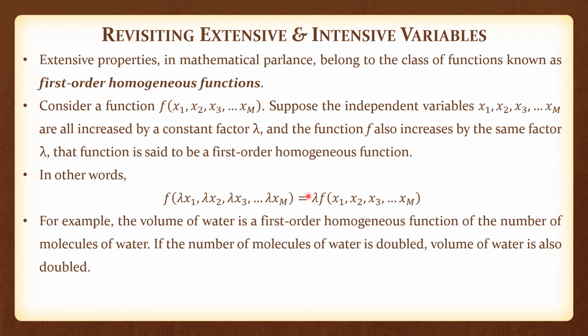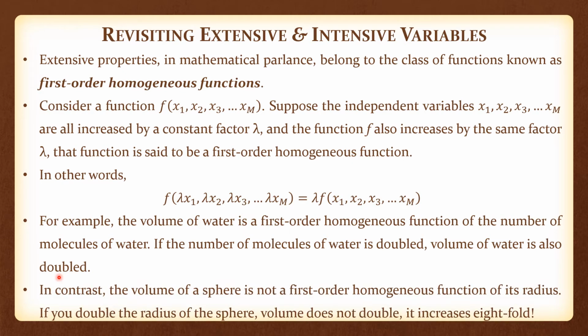For example, the volume of water in a glass is a first order homogeneous function of the number of molecules of water. If the number of molecules of water is doubled under the same conditions, the volume of water is also doubled. However, I'll give a counter example. In contrast, the volume of a sphere is not a first order homogeneous function of its radius. If you double the radius of the sphere, the volume does not double.